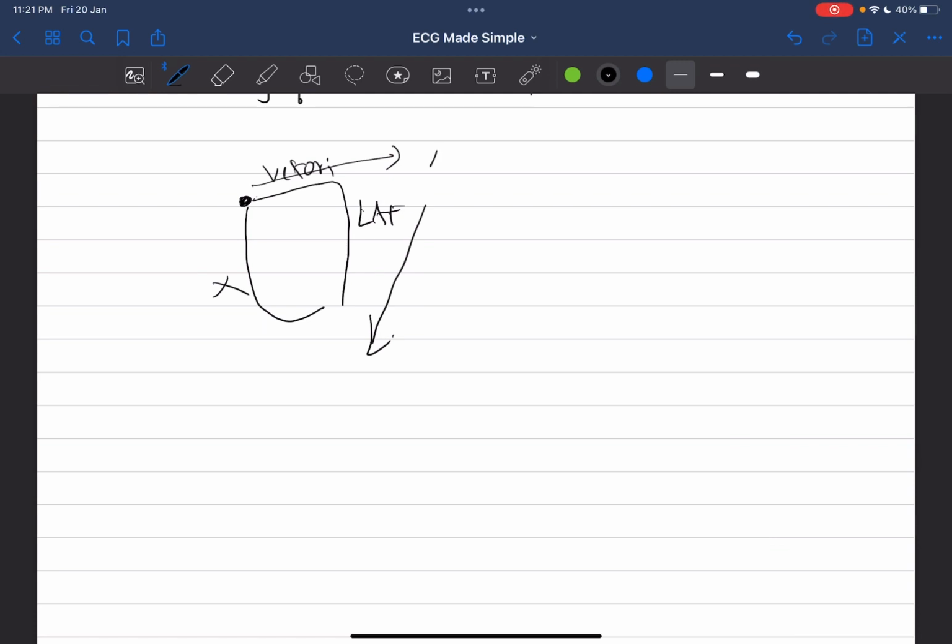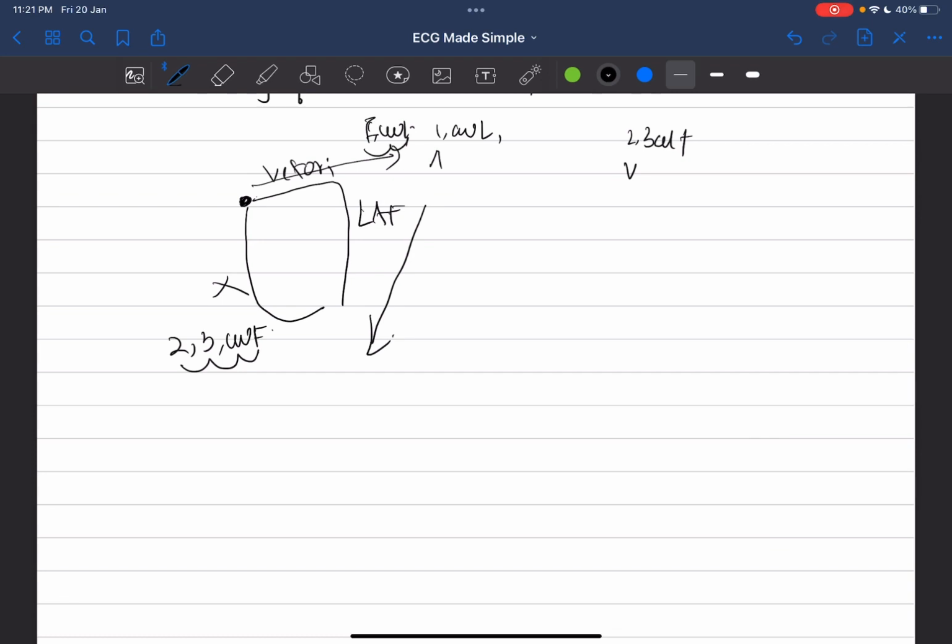The first vector will produce a small R wave in 1 and aVL. At the same time, a small Q wave in leads 2, 3 and aVF, because 1 and aVL are on this side, and 2, 3, aVF are on this side. I'm oversimplifying, but this will help your understanding.